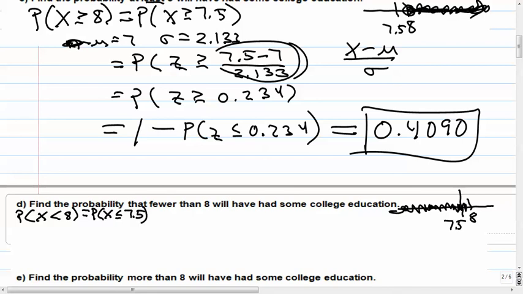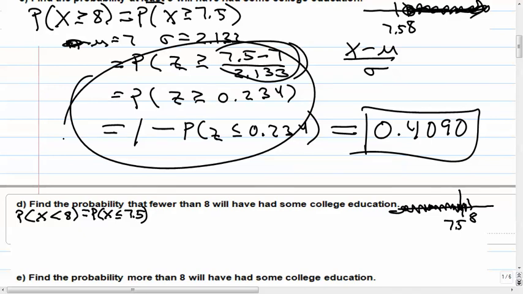Notice that this is really kind of the opposite of the one at the top. Okay, think about it. This is above 7.5. This is below 7.5. So if you do your math, or you can go through this same routine similar to what we did up here, but give it some thought. This is really equal to 1 minus 0.4090, which is 0.5910.